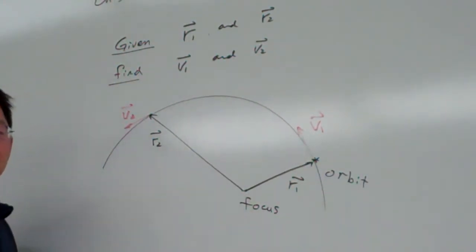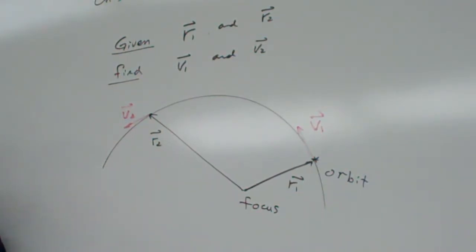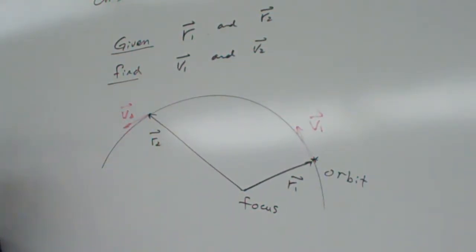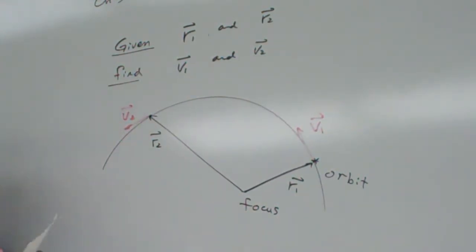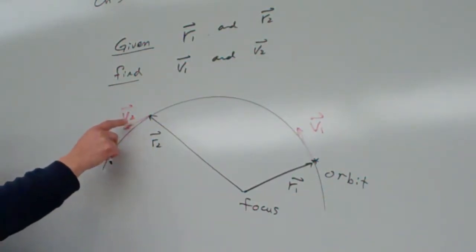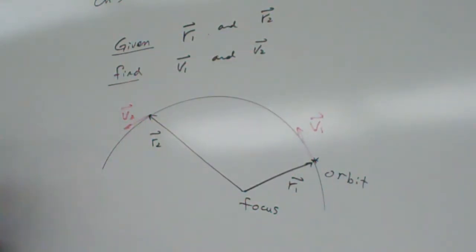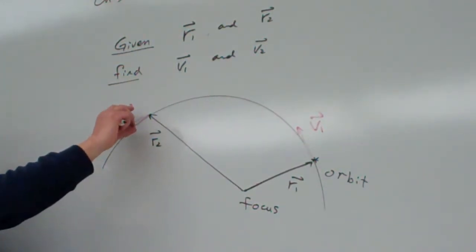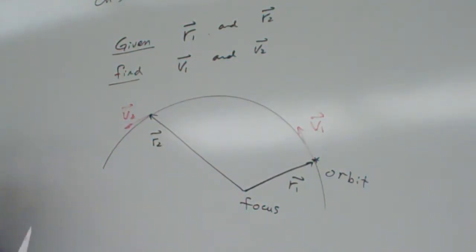V1 is the required launching velocity to bring the spacecraft to here, and V2 is the velocity at the meeting point. So you need to know this V2, and then you need to modulate V2 if you need to do a velocity change to exactly meet the target there. Okay.